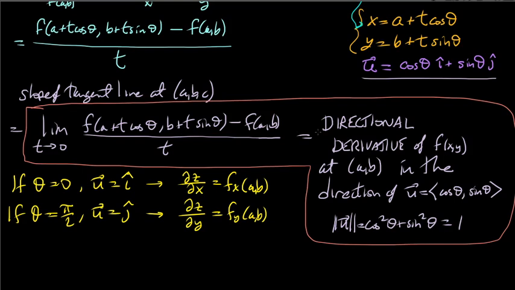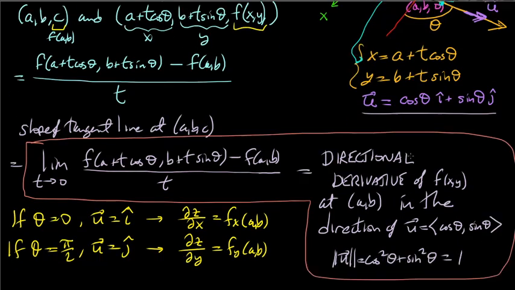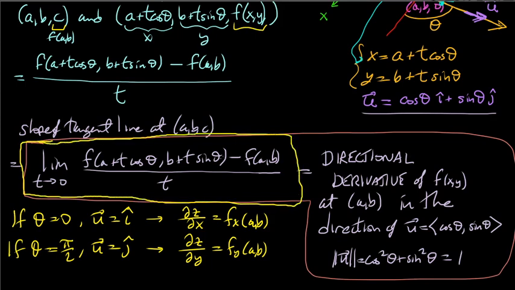But for most of the examples we're going to look at, the limit will exist, and you can calculate the directional derivative. But before we do that, because this is a very unwieldy way to find the directional derivative, in fact, we're not going to use that definition. It's just not very practical.